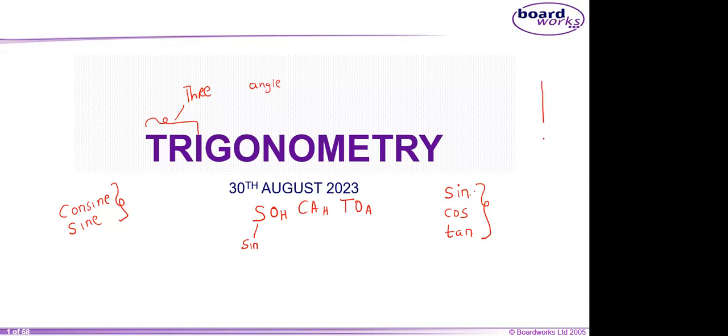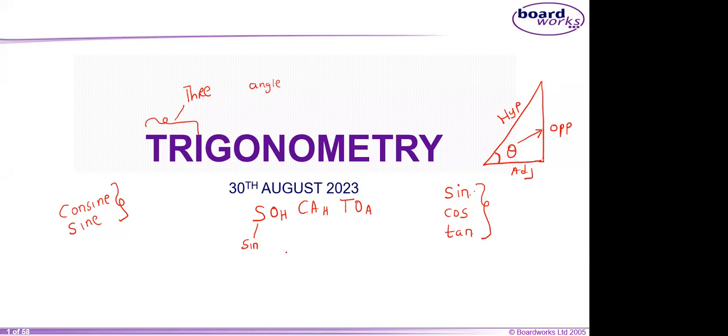Whenever I have a right-angled triangle, let me say this is my right-angled triangle, and maybe I have an angle theta here. The side that the angle faces is called the opposite side. The side where this angle sits is called the adjacent, and the longest side is called the hypotenuse. So these three sides are related using sine, cos, and tan.